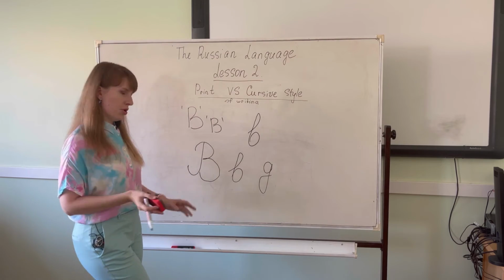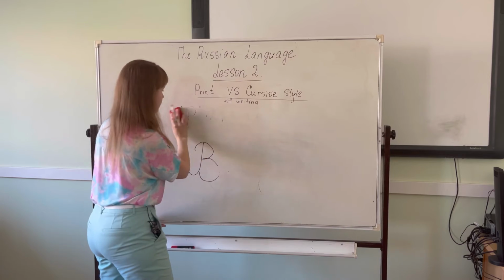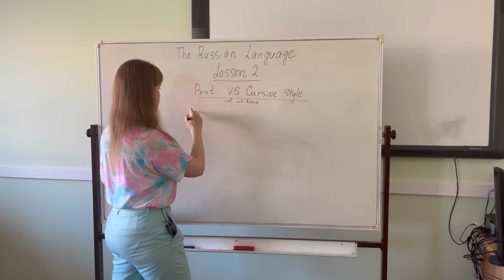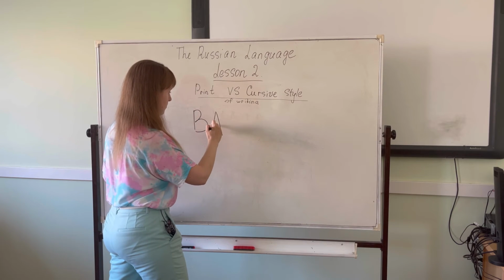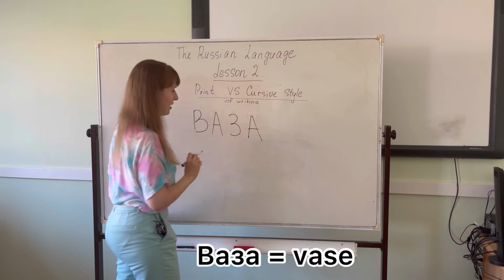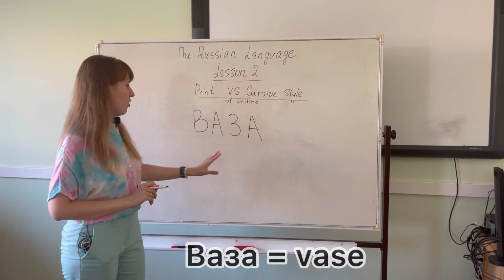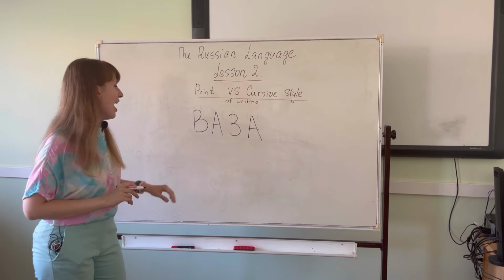Okay, and the word starting with В. So let it be this word, ваза. Luckily it consisted of all the letters you already knew.